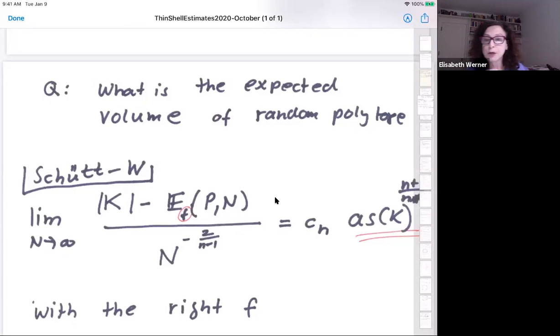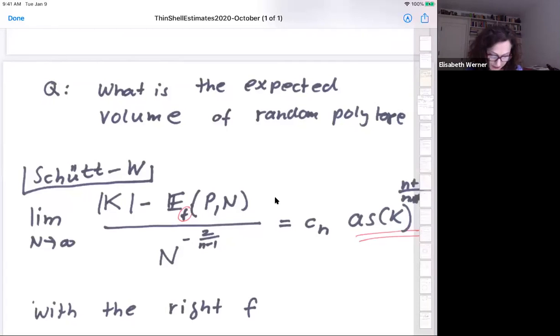So it's not too surprising that this affine surface area comes in such approximation questions, as it's closely related to the boundary structure of a convex body.